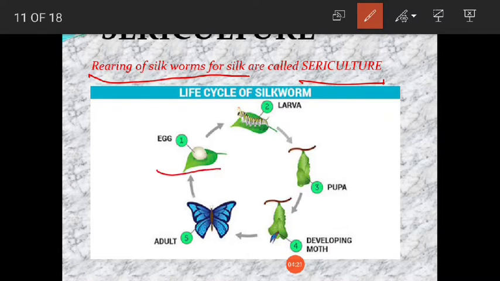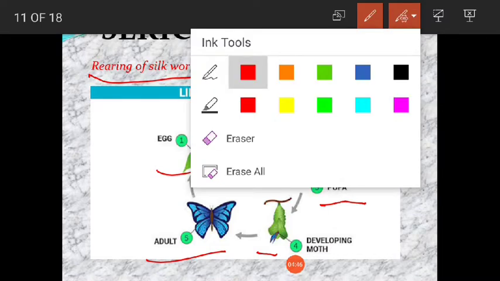They develop into larvae which feed on leaves. Then this larva develops into pupa, and pupa grows into moth, and after a few days it develops into an adult silkworm. So this is the life cycle of a silkworm: egg, larva, pupa, moth, and then adult.